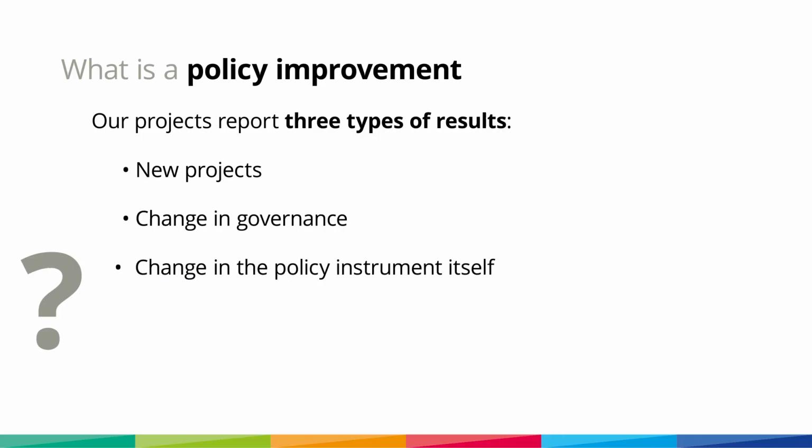And the last possibility, the last category of policy improvement, if we can say so, is about changing the strategy, the policy itself. So it's a bit more challenging. It's perhaps a bit more rare in our project or in our world to see that. But it's really when you modify the document itself. So you can have in a region, for instance, an economic development strategy.